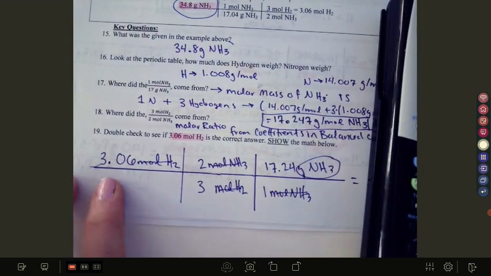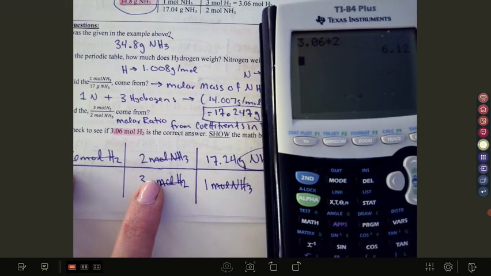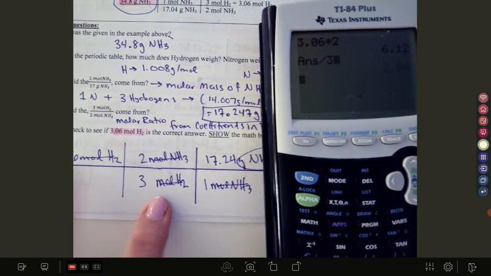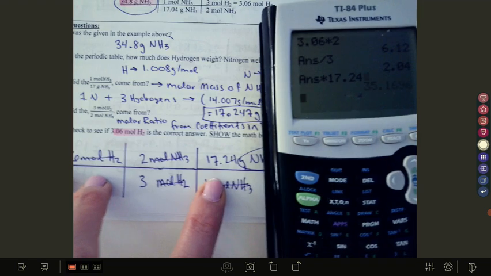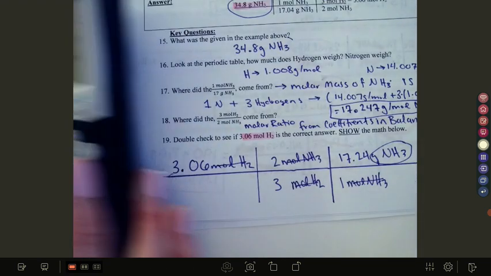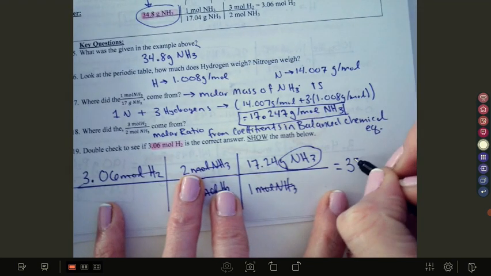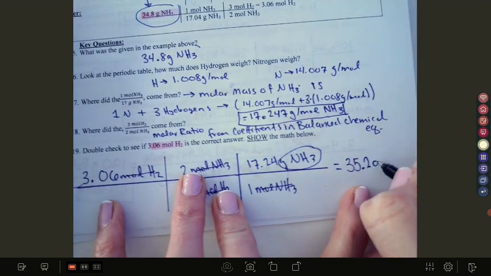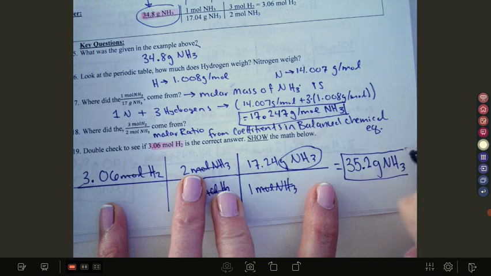So 3.06 times 2, and I like to hit enter each time, like I said. It keeps me from fat fingering too terribly much. Divide by 1 will not change it, so 35.2 grams of ammonia, or nitrogen trihydride.